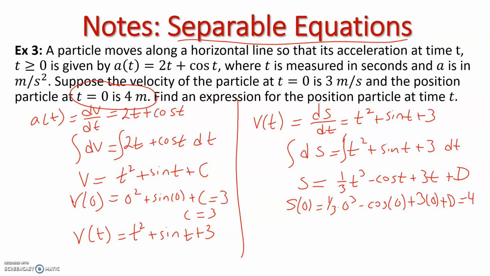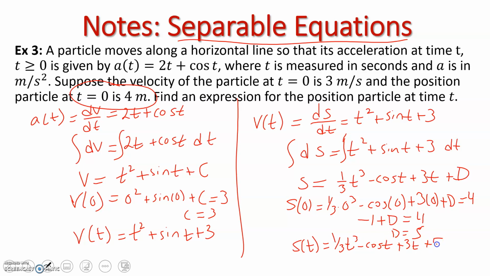Everything becomes 0 except for the cosine of 0 and d, so this is -1 plus d is 4, or d is 5, and so our position, s of t, is 1/3 t cubed minus cosine of t plus 3t plus 5. And that's that.